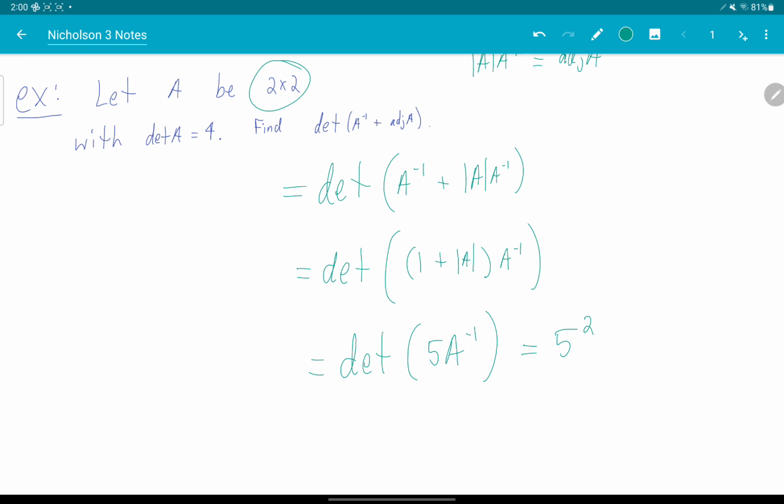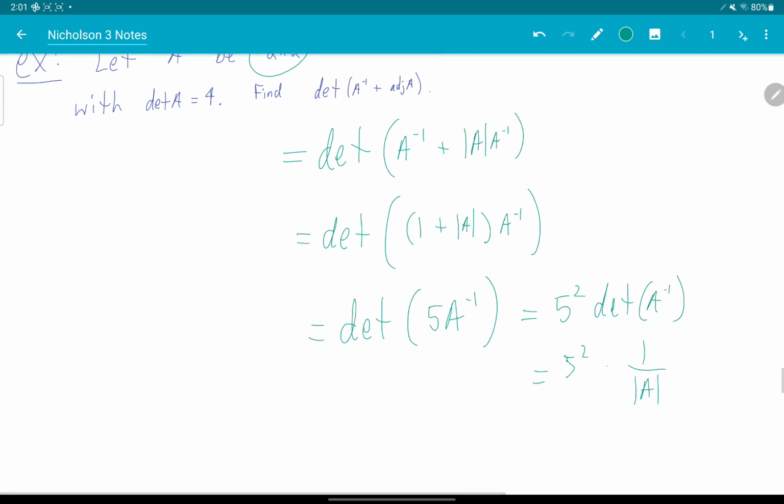I put a 2 because the matrix is 2 by 2. Oh my gosh. Determinant A inverse, and this is 5 squared times 1 over the determinant of A, which is 4. So I get 25 divided by that 4 there.